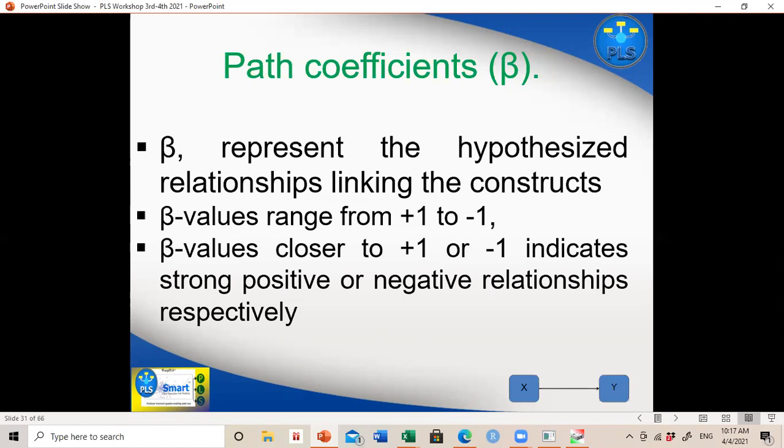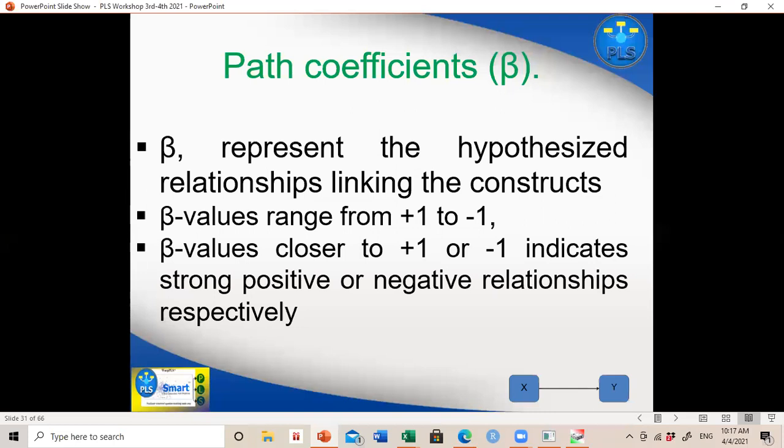It should not be greater than an absolute value of 1, meaning that it should not be 2 or 2.5. It should range from 0.1 to 0.99, or from 0 to 0.99. It should not be 1. But how do you know that there is a strong relationship?